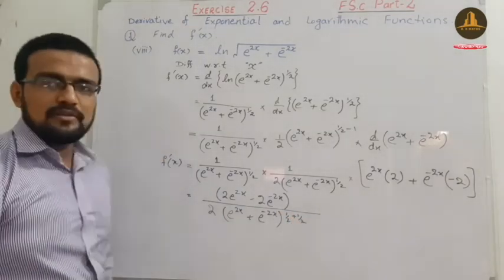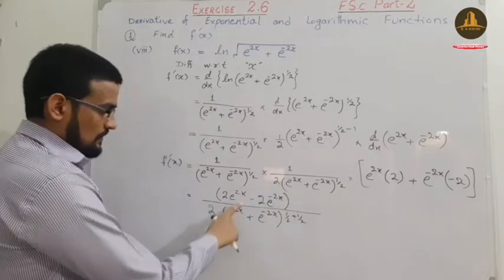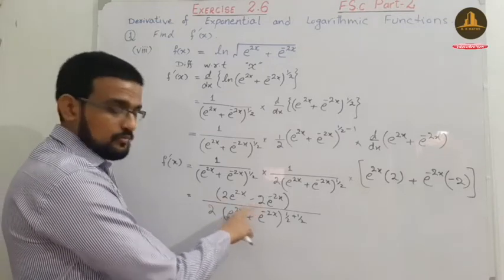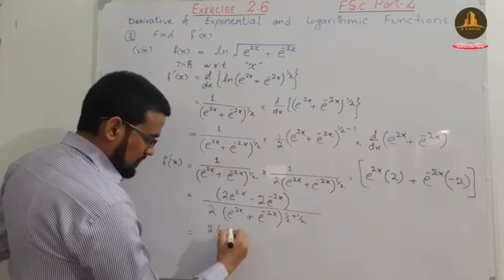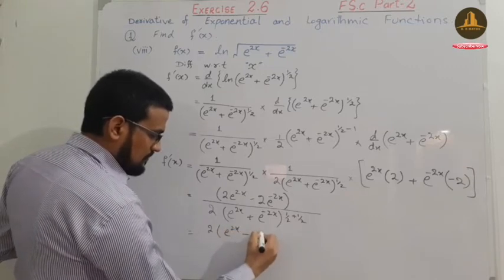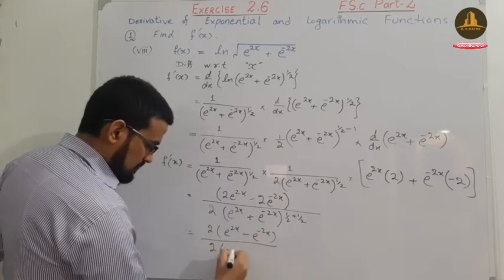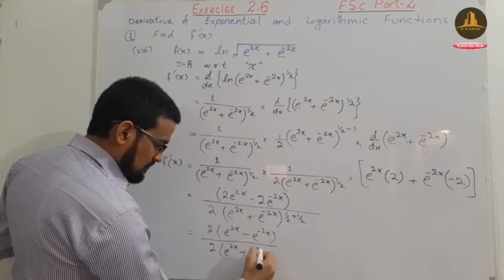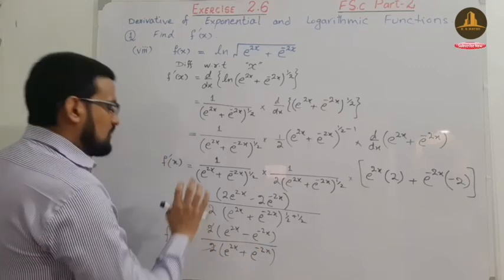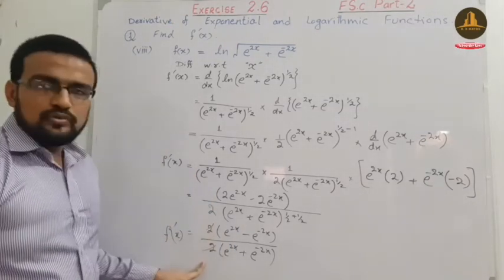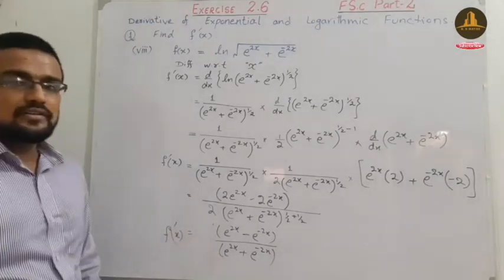Okay, bases are the same and multiply with each other, it means powers add. Here student, both 2 take common. 2 cancel with each other, and then the final result is this.